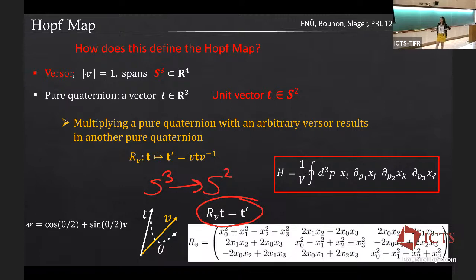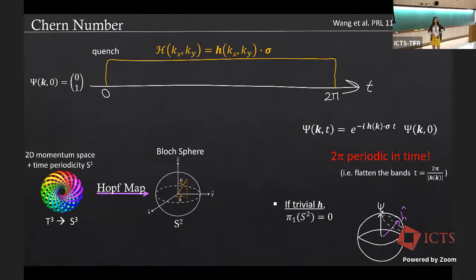So each column of it, when I act this on some vector T, defines a Hopf map. This is another way of seeing how the Hopf map works, because it's a map from S3 space to S2 space. And then I can calculate the Hopf invariant in terms of these quaternion values. It's pretty mathematical, it's cool, but this is actually something really observable in experiments that we can implement.